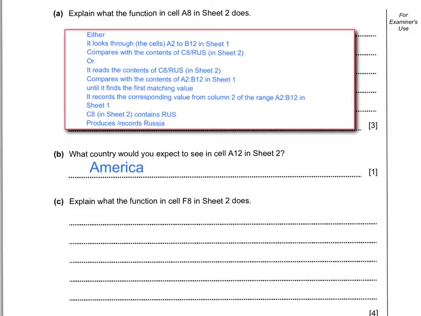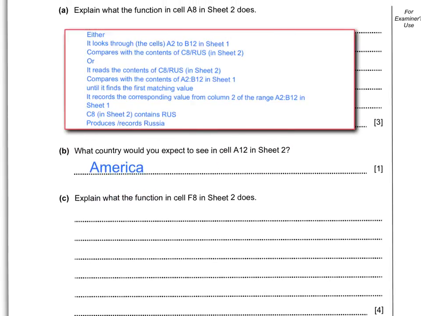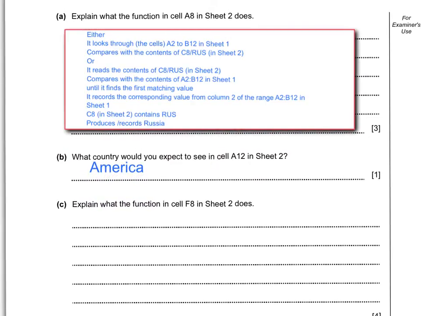A lookup comes as a lookup itself, a VLOOKUP, which is a vertical lookup. The example on this paper is a vertical lookup, which is the most popular one they use in past papers. And HLOOKUP, which is the same principle, it just looks at values horizontally. You should know how to use ifs and nested ifs. What they want you to do is explain the if function for this particular question. Now this is worth 4 marks, so it is worth knowing this.